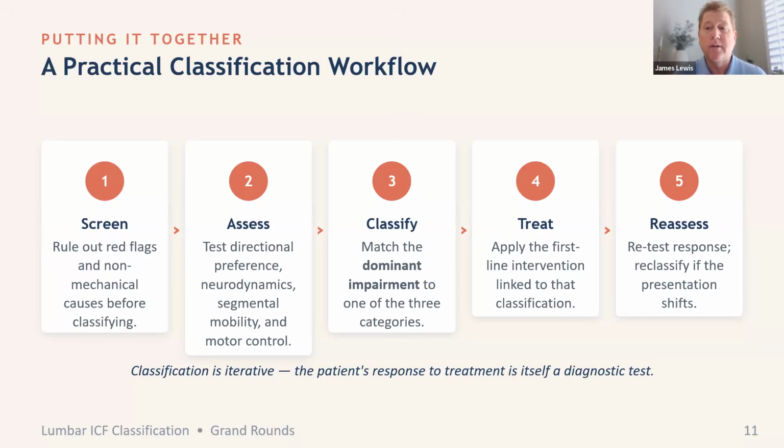Or do we have a segmental mobility problem? Is it hypo? Is it hyper? And then we're going to move into this classification piece, and we're going to try to match those impairments to one of these three categories so that we can have the evidence behind us on our treatments that are linked to that classification.